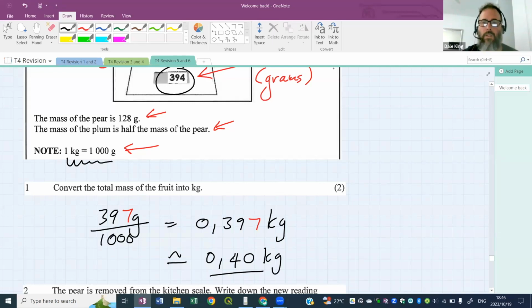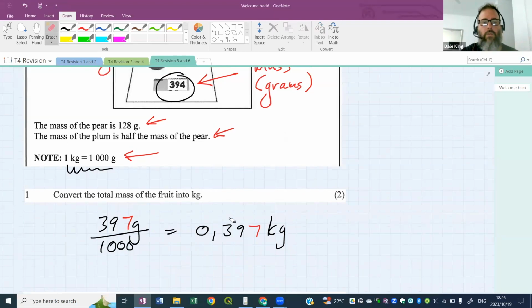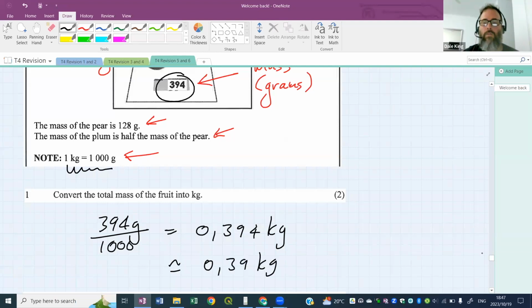If it was 397, okay? Just remember that. But it's not 397. It is 394, so let's go and put the 4s back. So we don't need to change it. It's just going to be 0.39 kilograms, always rounding off to 2 decimal places.